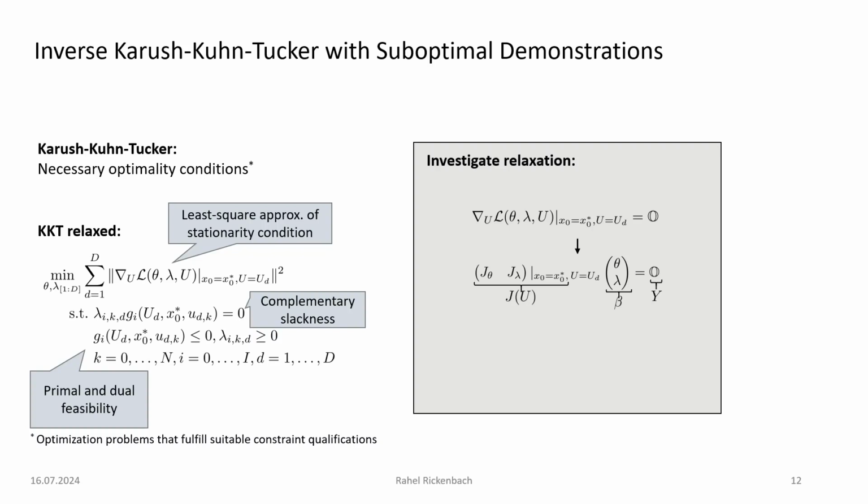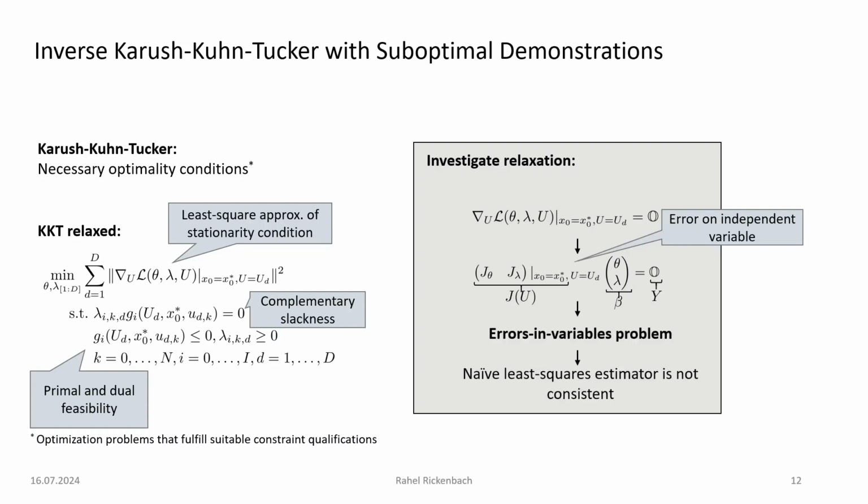We have our regression vector beta, stacked with theta and lambda, and they evaluate to a 0 vector, which is our dependent regression variable. When we consider suboptimal demonstrations, we have an error on our independent regression variable, and this describes a so-called errors in variables problem, for which naive least-squares estimators are in general not consistent.